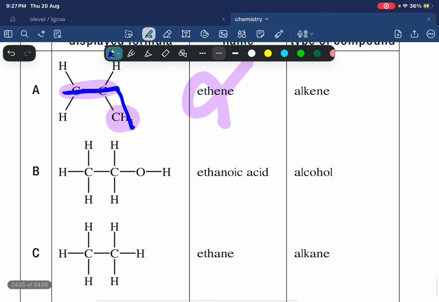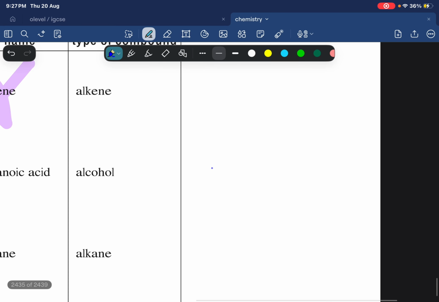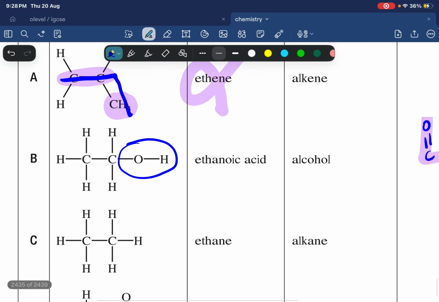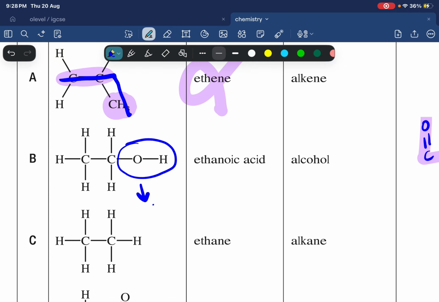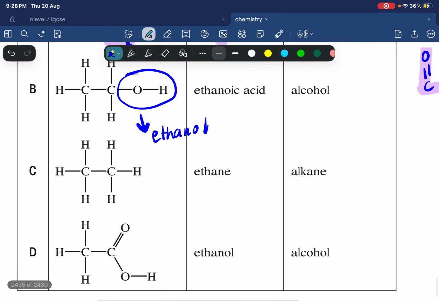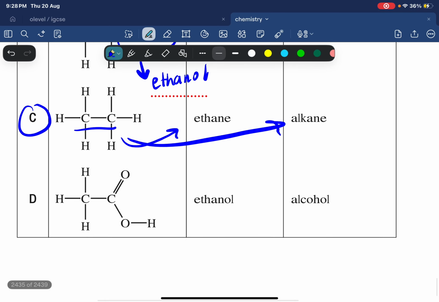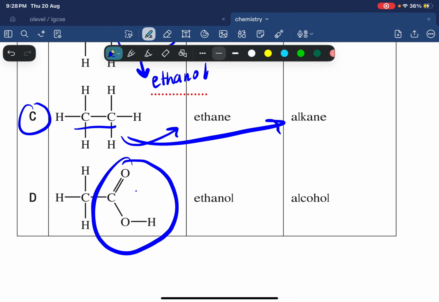This is ethanoic acid. No, there's no acid part to it. Acid means that you have carbon double bonded to oxygen and then you have oxygen and hydrogen. So this is your acid, this is your alcohol, so this is your ethanol. Next you have ethane, yeah, that's correct. 2 carbons, ethane, and that's your alkene. Next you have ethanol. Know that this is ethanoic acid, that's the acid part.